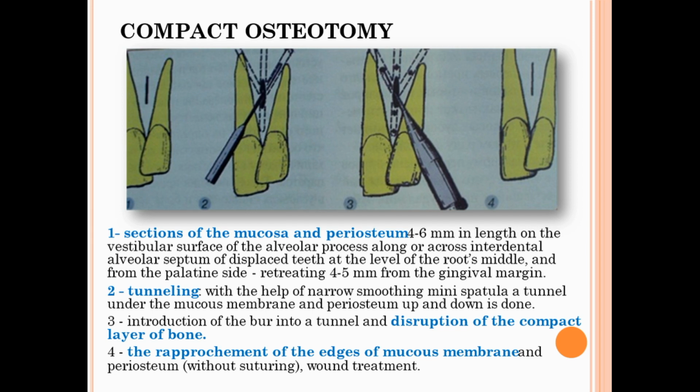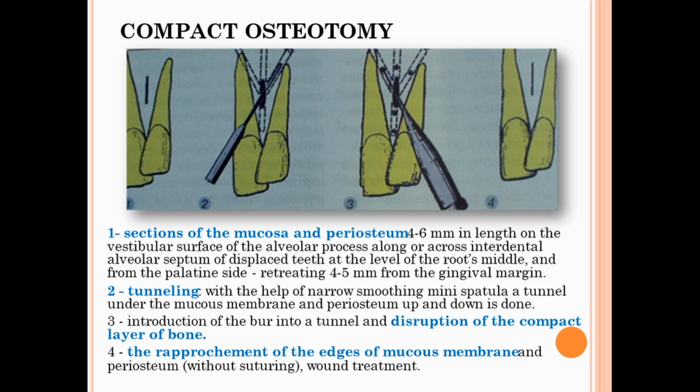Horizontal sections are indicated for the subsequent expansion of the dental arch, vertical for dental-alveolar lengthening or shortening.